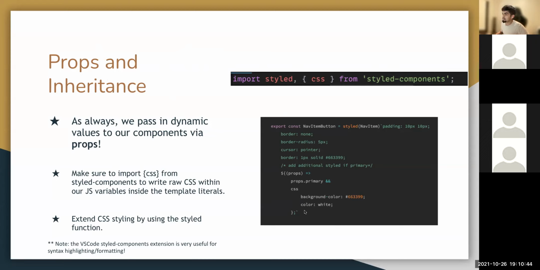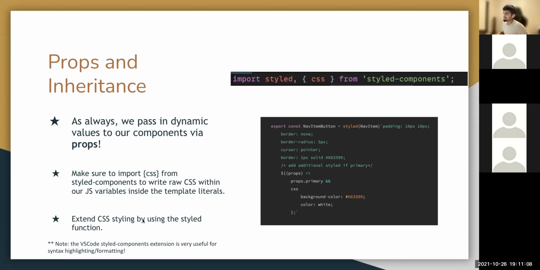If we import CSS from styled components, which is one of the subcomponents of the styled components package, we can actually write this as CSS instead of making it its own sort of string literal.